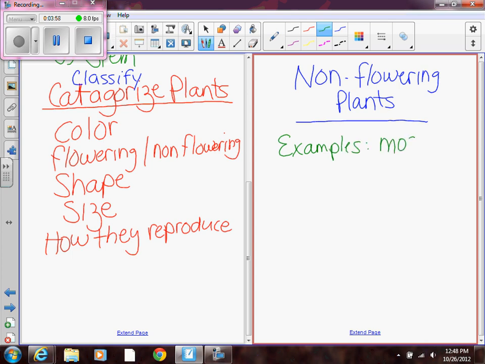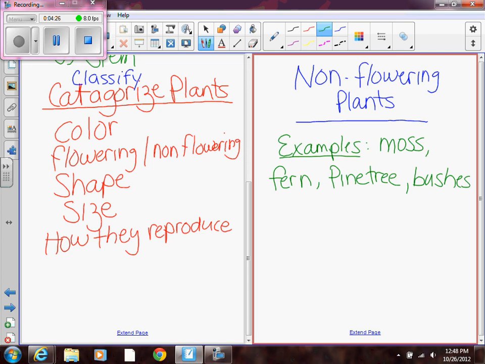Moss, fern, pine tree. What else did we say? Haley, what else? A bush, bushes of some sort.